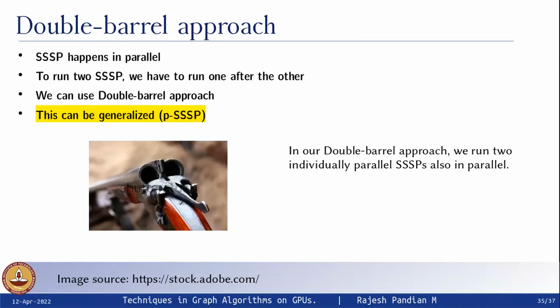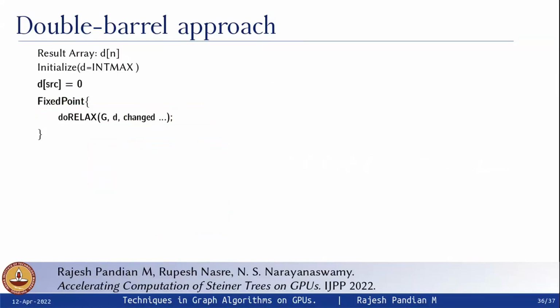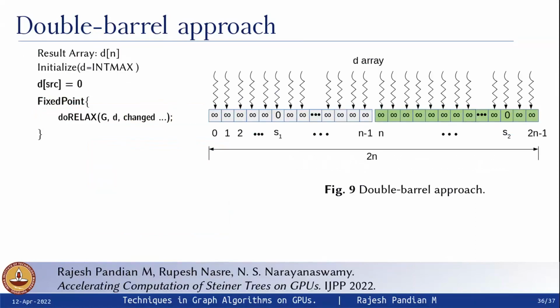We treat the operator formulation, the do-while loop, as the gun, and we load two sets of SSSPs into the operator formulation approach and just run it. Then it will compute SSSPs from two different sources. What I have been talking about will get clear in a few minutes.